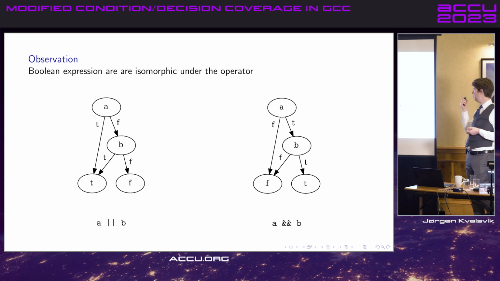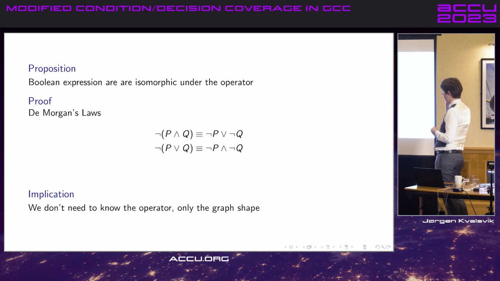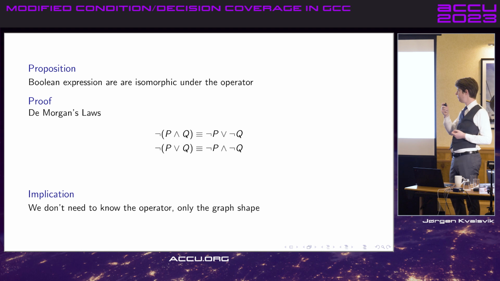That means the shape of the graph is the exact same, independent of the operator used, but you use different labels. And here's the proof. It's cartoon. Another proof is just De Morgan's laws. That's pretty much what they say. So we don't actually need to understand what the operator is to figure this out. We only need to recognize the graph shape.